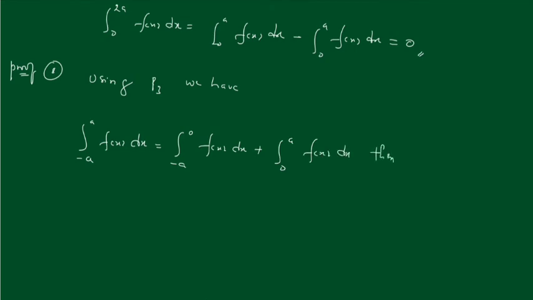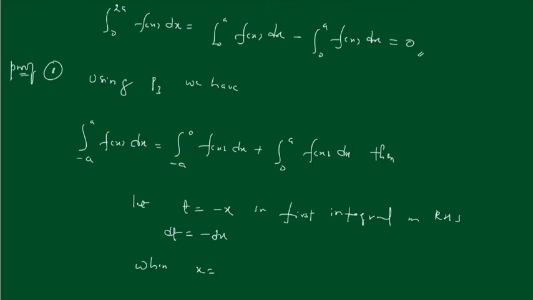Then let t equals minus x in the first integral on the right hand side. Differentiating, we get dt equals minus dx.